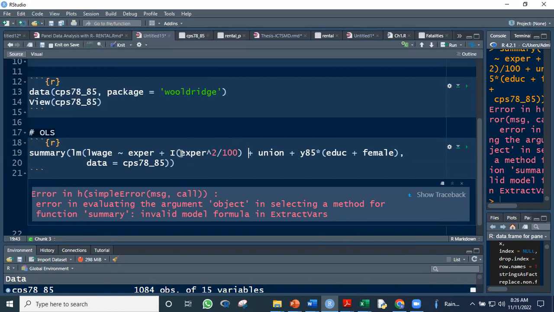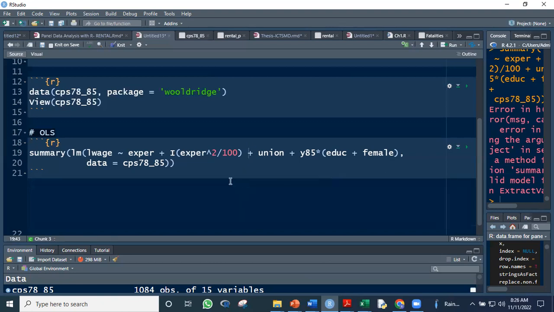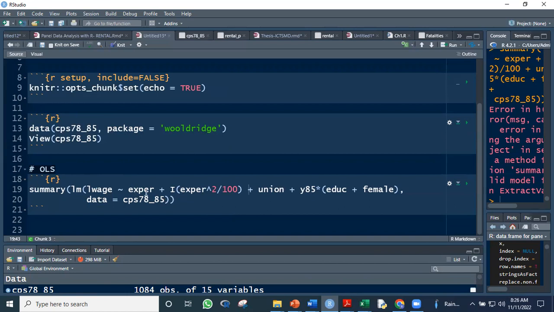So I failed to put the parentheses here. Open, close, open, close. Okay, so I think this is correct already. So make sure, guys, yung I natin may close, ha? I think I discussed I with you before. If you're transforming the dependent variable, okay lang na hindi naka-I. Pero pag independent variable yung tina-transform, dapat it should be inside the I. Okay, so let's run this.